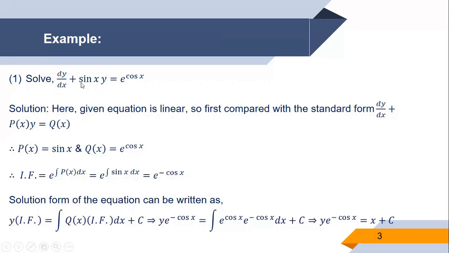Therefore we get p of x is equal to sin x, and q of x is equal to e raised to cos x. Now first we find the integrating factor, e raised to integration p x dx. Therefore e raised to integration sin x dx, which is e raised to minus cos x.